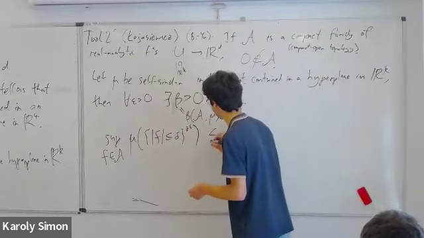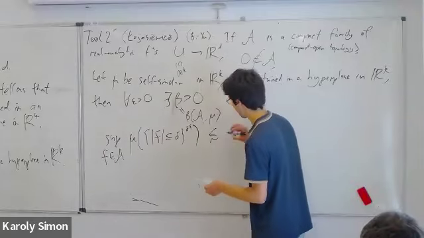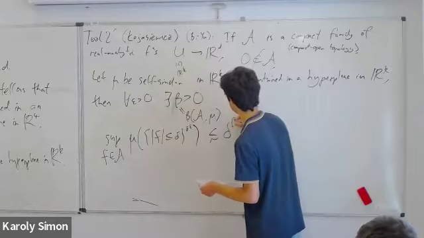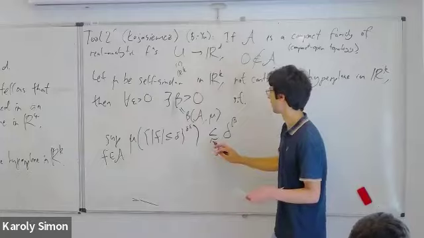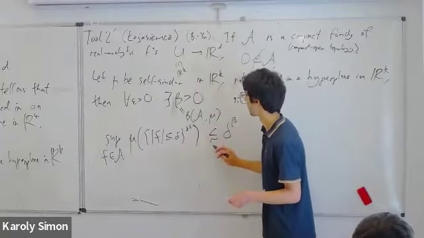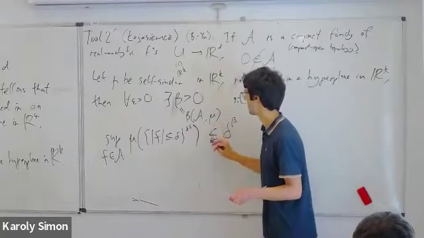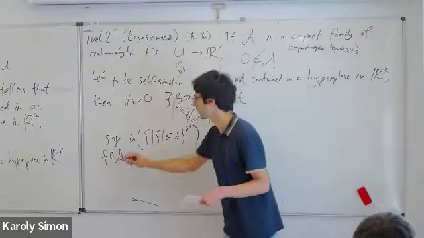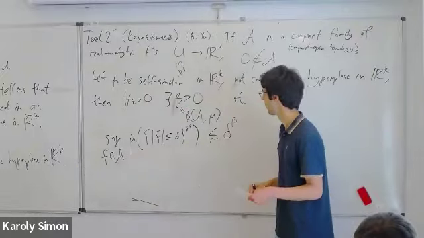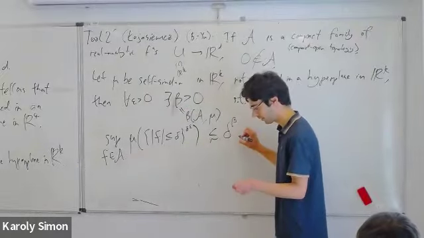This should be bounded by delta to the beta. And once again, this constant can depend only on mu and A, it has to be uniform over functions f in this family of analytic functions.